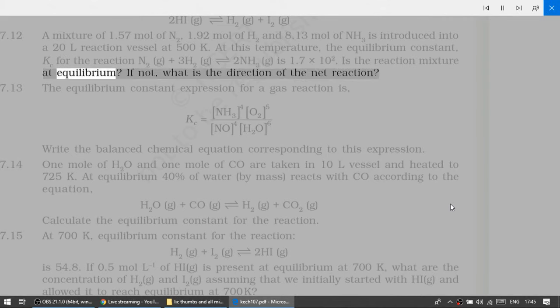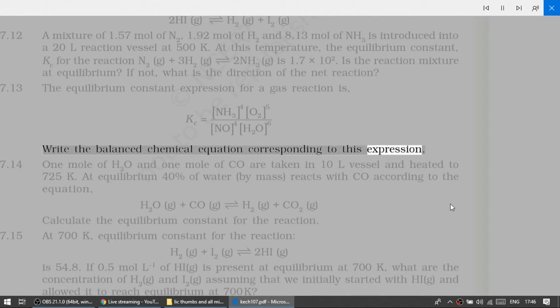Is the reaction mixture at equilibrium? If not, what is the direction of the net reaction? 7.13 The equilibrium constant expression for a gas reaction is given. Write the balanced chemical equation corresponding to this expression.